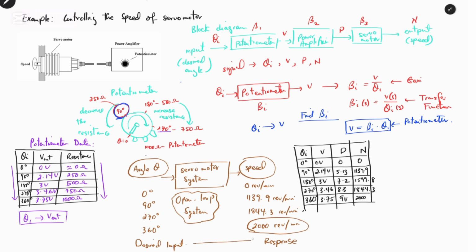The input and the output have a relationship such as the angle and the speed. I believe with this video, at least you can appreciate why we need a mathematical model to represent the performance of a system.